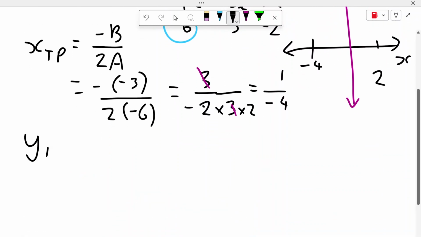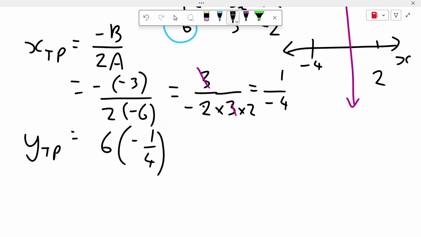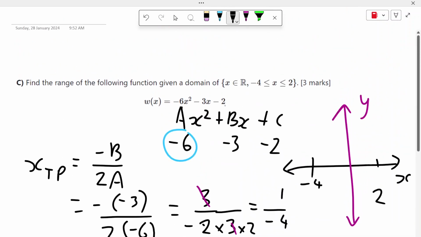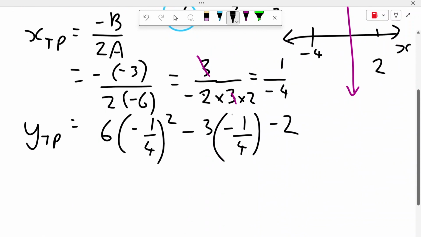So the y for the turning point is equal to -6 times (-1/4) squared, minus 3 times (-1/4), and -2 if memory serves me well. Yep, -2 there. So now we need to expand this.